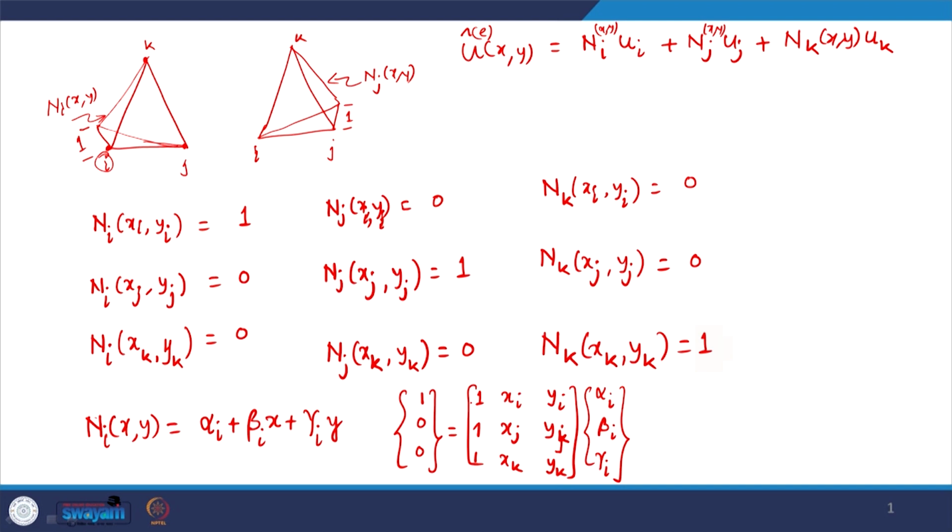Similar kind of equations can be set for N_j and N_k as well. So, 0 1 0 will be equal to the same matrix with rows 1, x_i, y_i; 1, x_j, y_j; 1, x_k, y_k multiplied by alpha_j, beta_j, gamma_j, and so on. And that is the way we can work out these interpolation functions.